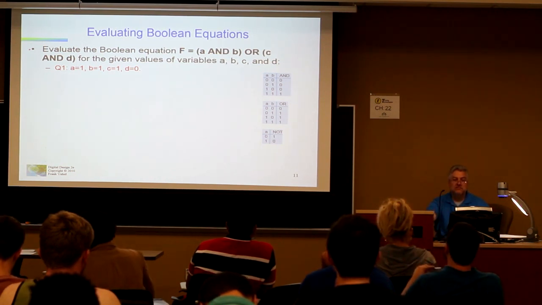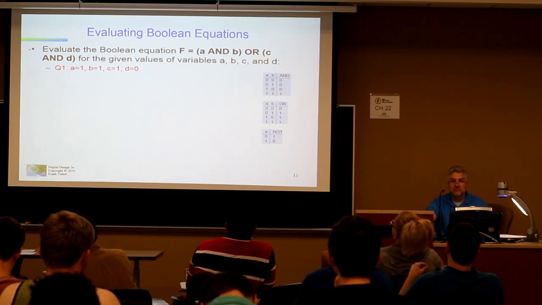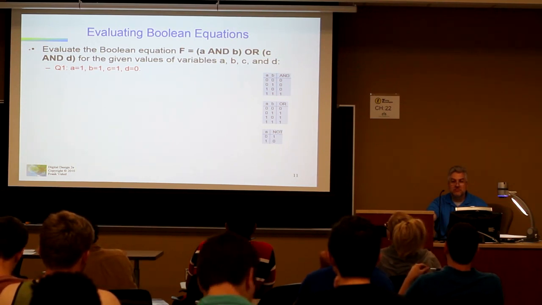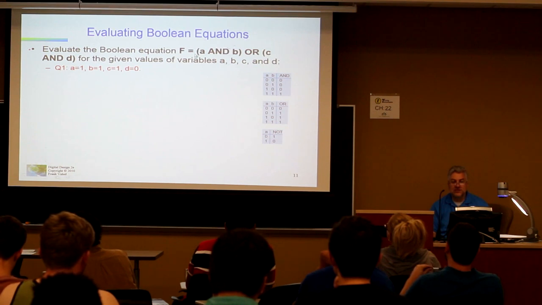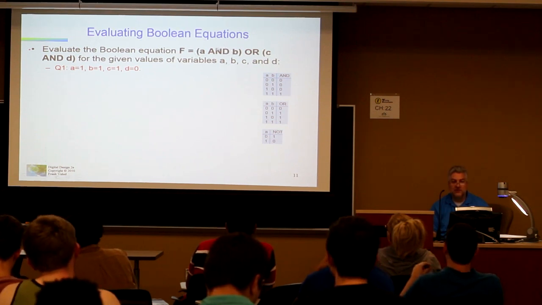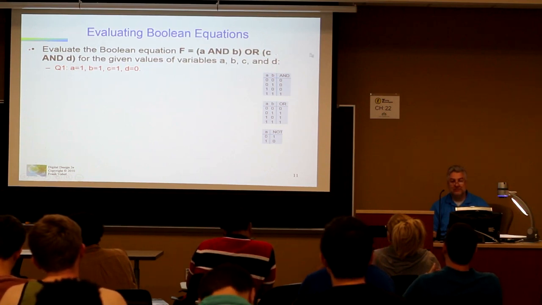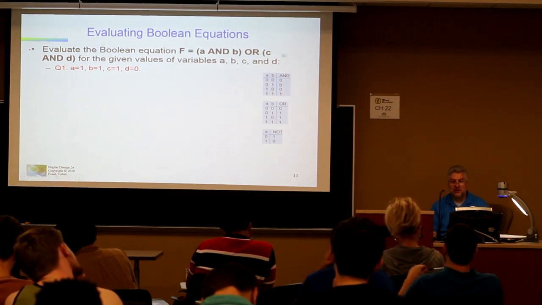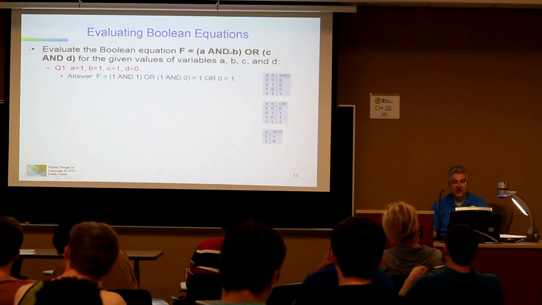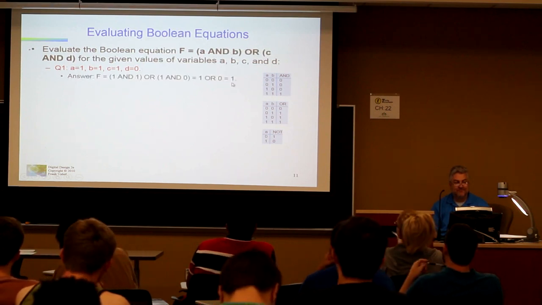Is that going to be 1? Well, let's see. A and B will be the value of 1, correct? So 1 or, doesn't matter what C and D is, it's going to be 1, right? So the answer is yes, 1.